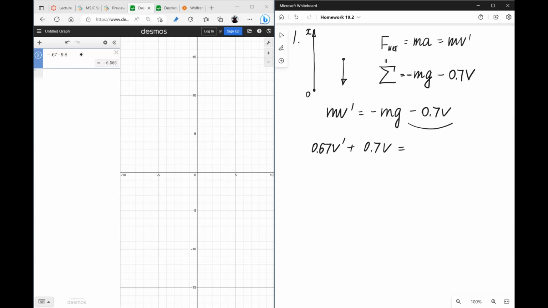Why am I saying that? Because we're going to divide everything by 0.67 to write it in standard form.